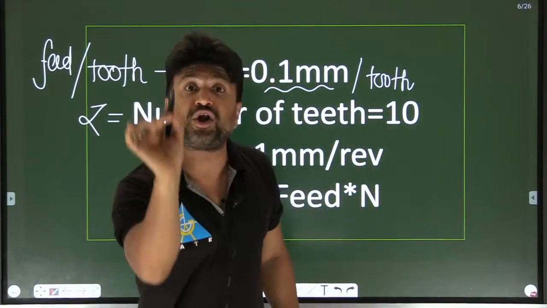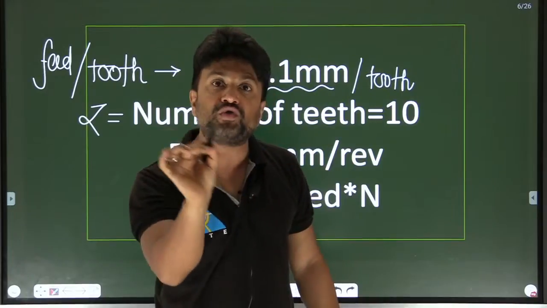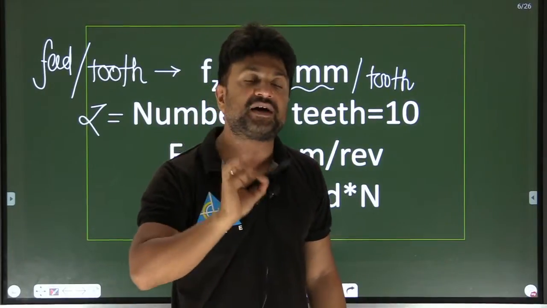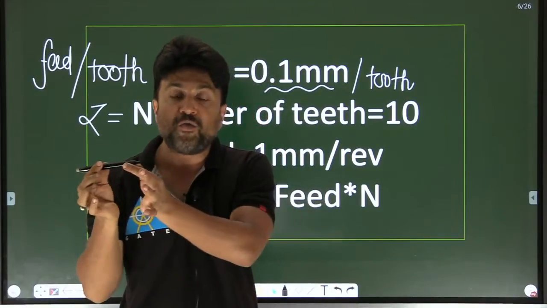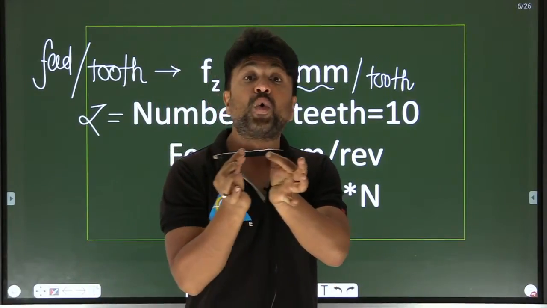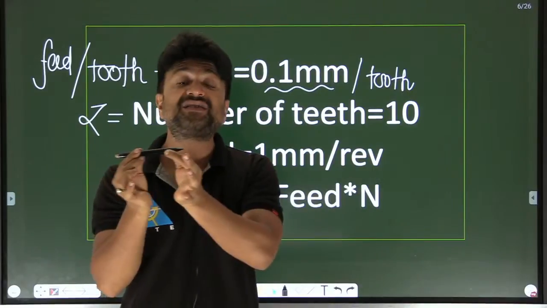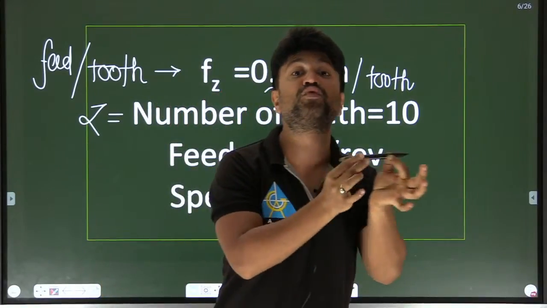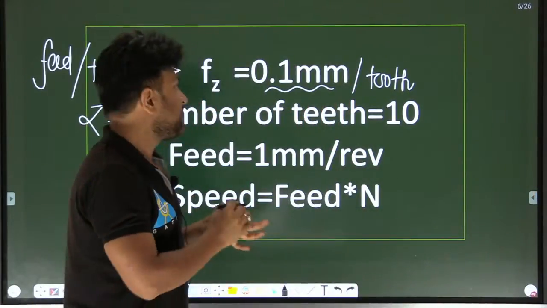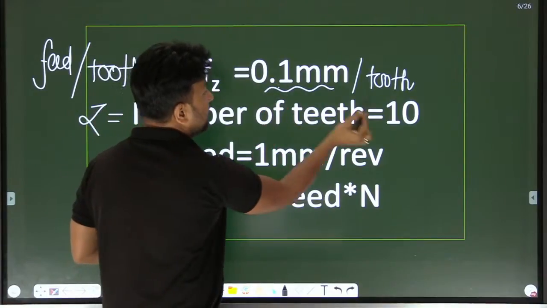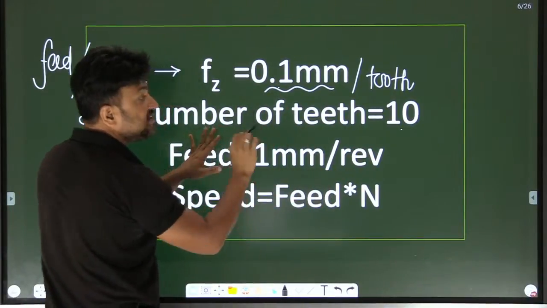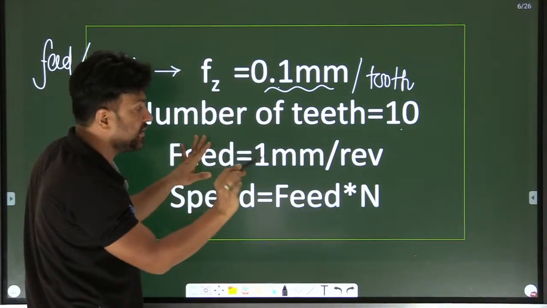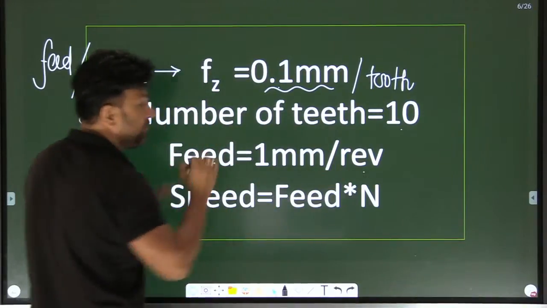So if the milling cutter does one revolution, how much distance will the workpiece move? It is 0.1 into 10, means 1 mm, when one revolution is complete. So 1 mm per revolution.